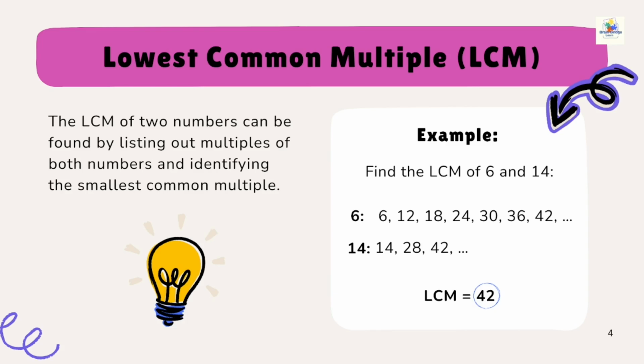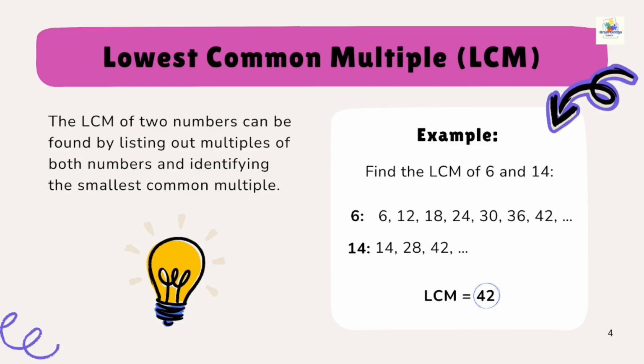Next, listing out the multiples of both numbers helps in identifying the smallest. As here we can see that 42 is the smallest common multiple, the lowest common multiple. No other number is matching in both. 6 is not there in 14's multiples, 12 is not there, 18 is not there, 24, 30, 36 are not there.